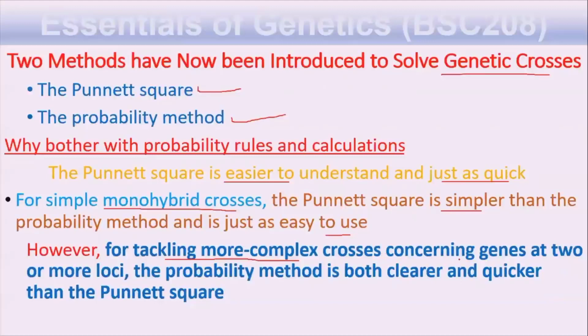When they concern two or more loci, the probability method is clearer as well as quicker than the Punnett square. And when the number of genes increases, you will not be able to make a Punnett square, and in those cases the use of probability is a very good method of determining the ratios.